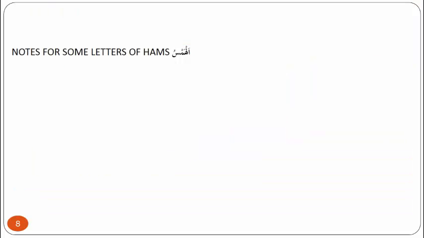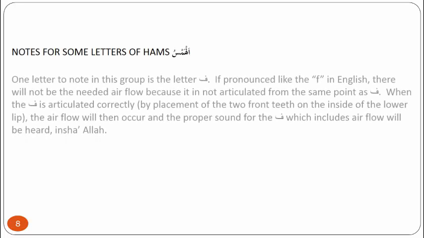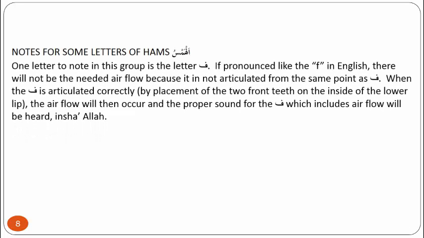Inshallah, among the letters of al-hams, one letter to note in this group is the letter fa. If pronounced like the F in English, there will not be the needed airflow because it is not articulated from the same point as the fa. When the fa is articulated correctly by placement of the two front teeth on the inside of the lower lip, the airflow will then occur, and the proper sound for the fa, which includes airflow, will be heard.